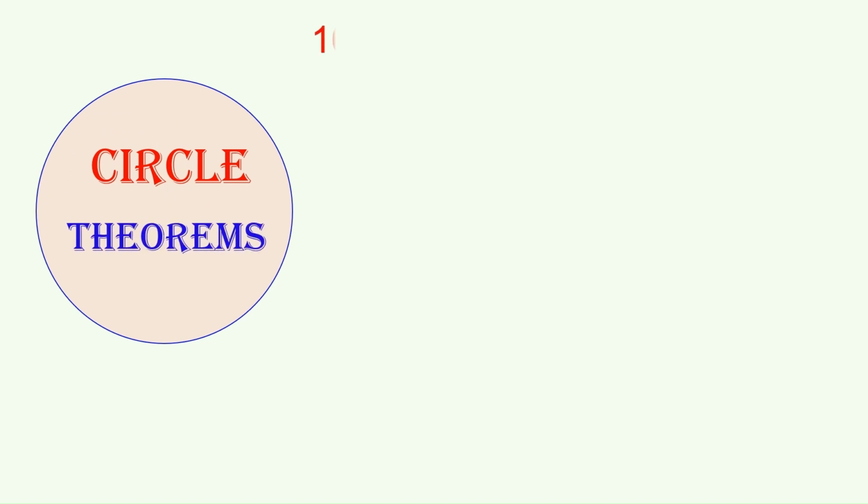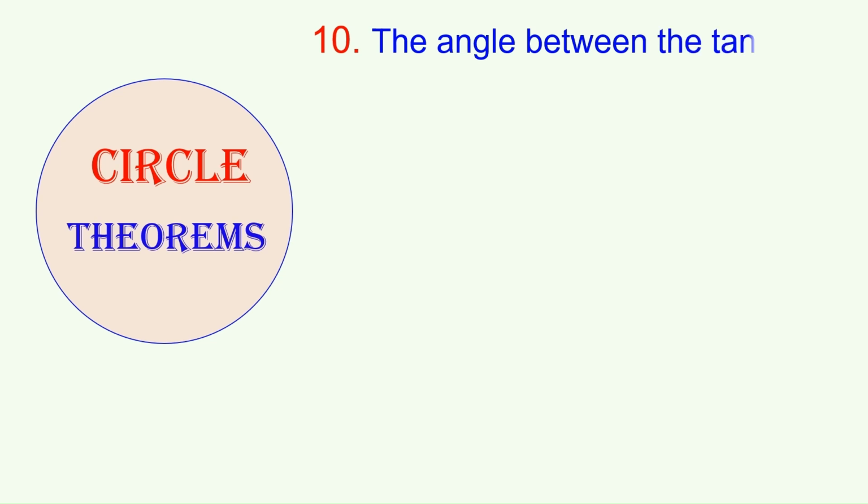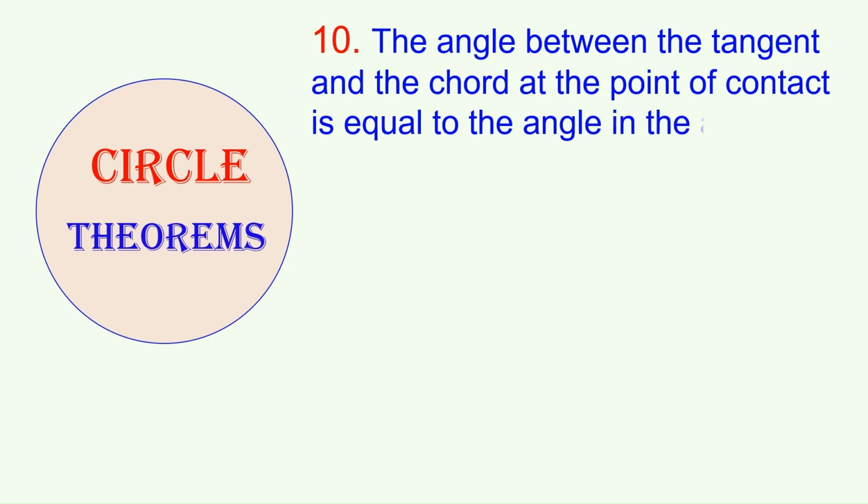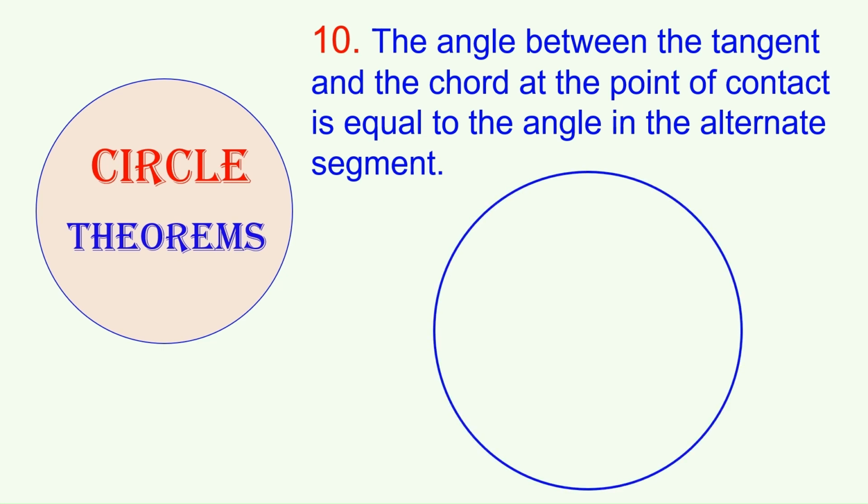Circle theorems. Number 10. The angle between the tangent and the chord at the point of contact is equal to the angle in the alternate segment.